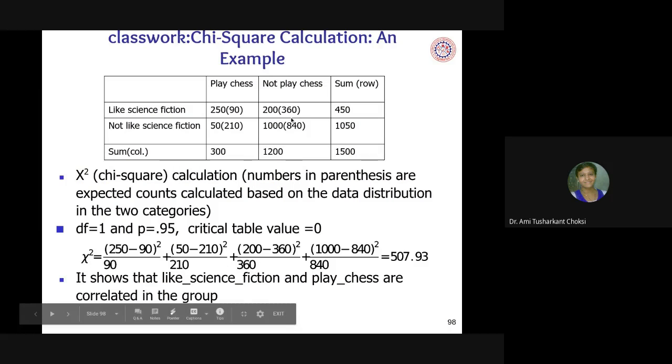Plus 200 minus 360 whole square upon 360, that is the expected one, plus this 1000, that is observed one, minus 840 whole square upon E, that is 840, right? And we can find that it is 507.93. Now with this value we should compare whatever is there in the table, right?